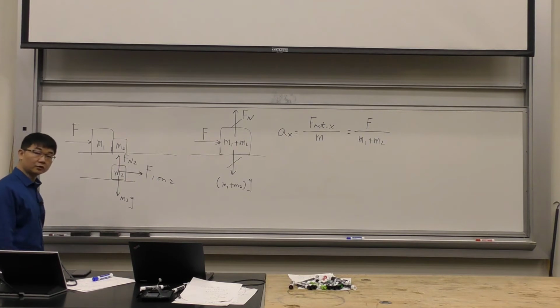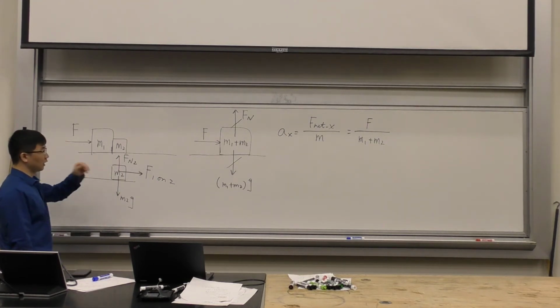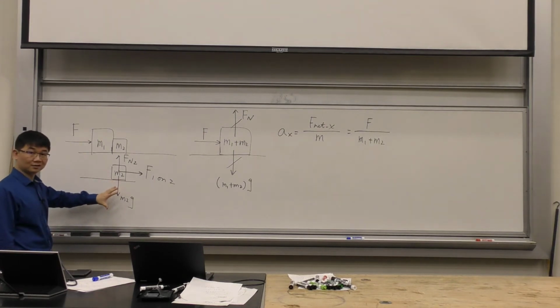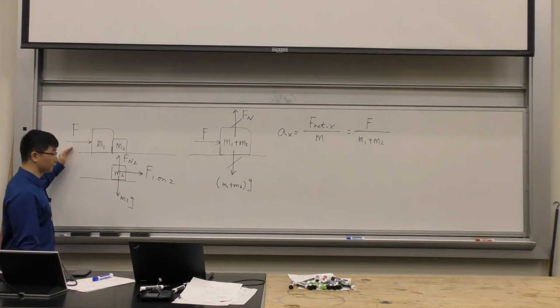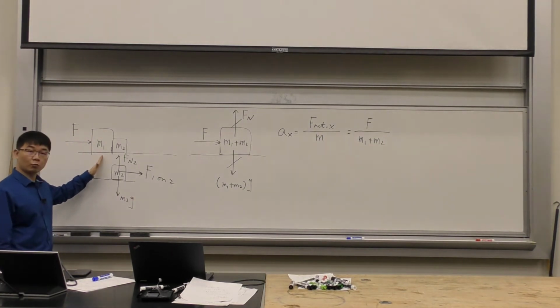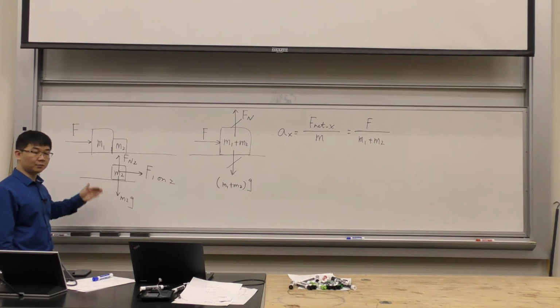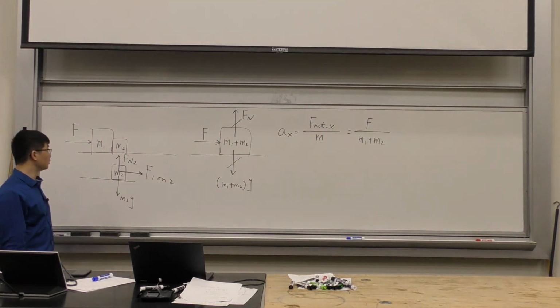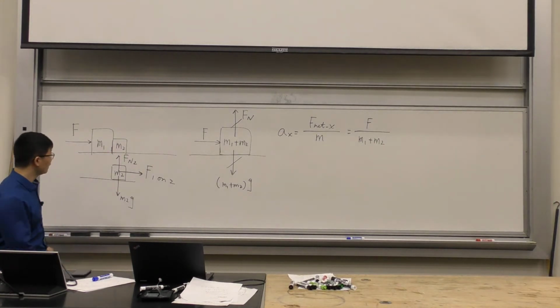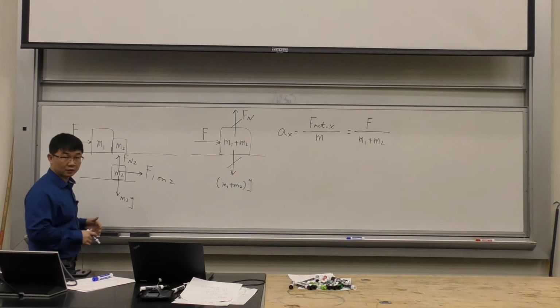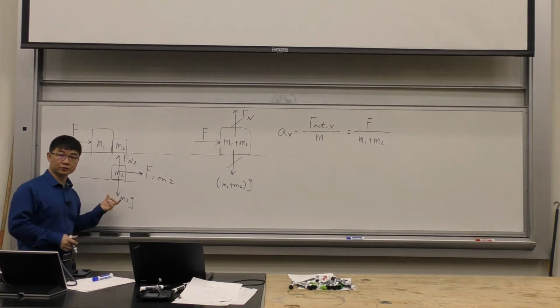So some people would ask, do I draw F on M2, right? No, you don't. This F is only on M1, okay? But some people may say that, well, the reason M2 moves is because F is pushing both of them, right? Yes, F is pushing both of them, but think about what M2 feels.